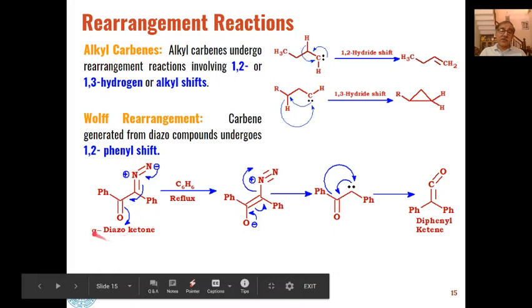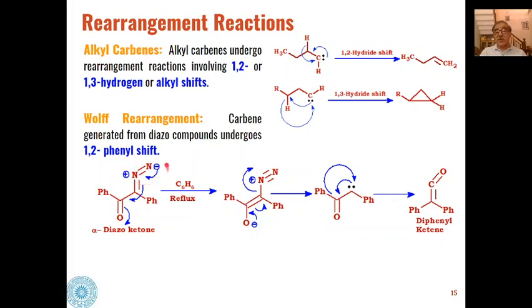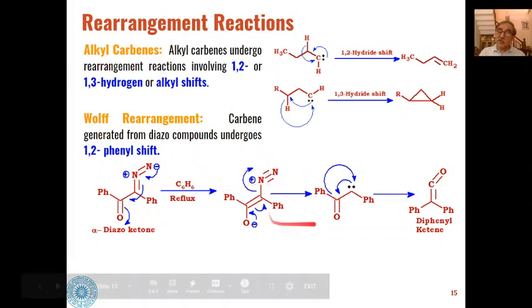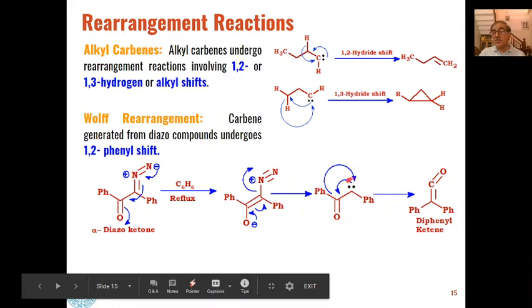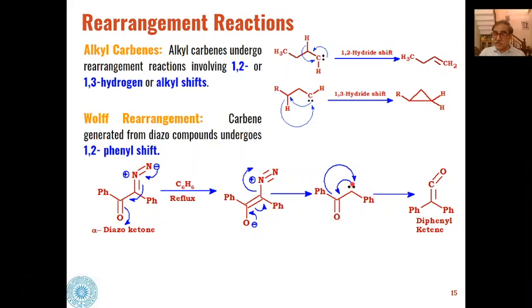So for example, if we are having these types of alpha diazoketones, we know that these diazo compounds will undergo elimination of a molecule of nitrogen like this, and then these types of carbenes will be formed, and these carbenes will undergo 1,2 phenyl shift. So this will form a carbon-carbon double bond.